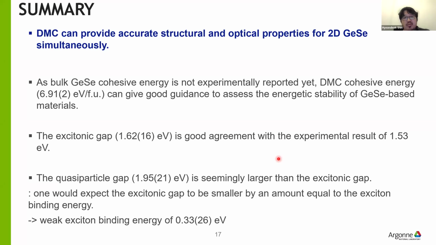We see the excitonic gap is in good agreement with the experimental result. By calculating the difference between the quasi-particle gap and the excitonic gap, we can estimate the exciton binding energy, and it is estimated as 0.3 electron volts. So we expect the bulk germanium selenide has a weak exciton binding energy.